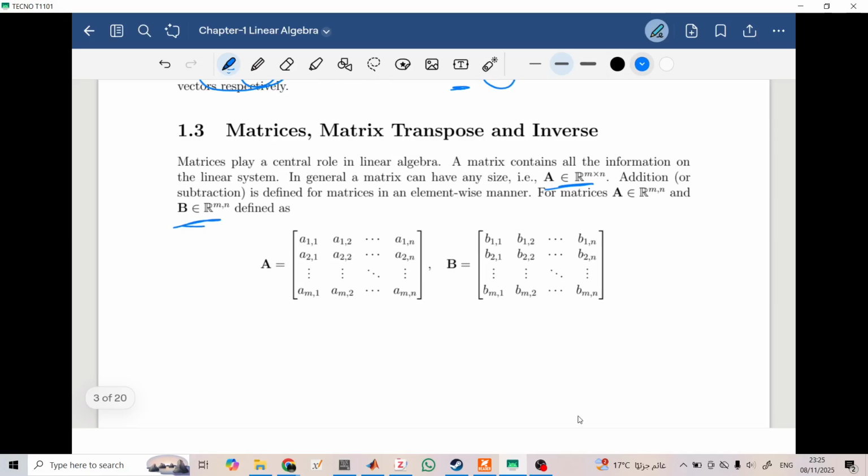Sometimes we write it m cross n, or sometimes as m comma n. Those two forms are interchangeable, they mean the same thing. The important thing is that both of them have the same dimension, which is m cross n or m comma n.